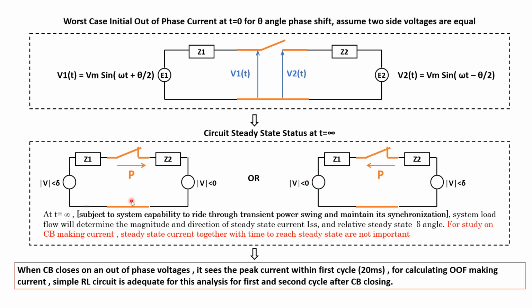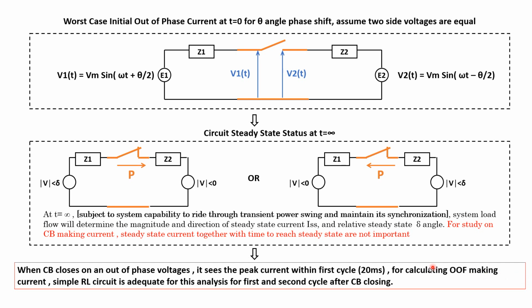To study that phenomenon, you need to do a stability study, putting all the generation and the swing equation in place. But we don't need that. We are only interested in a very few cycles, even the first or second cycle, with the current reaching its absolute peak value. When a circuit breaker closes on an out of phase voltage, it sees the peak current within the first cycle, 20 milliseconds.